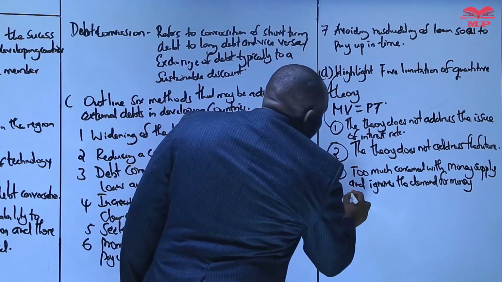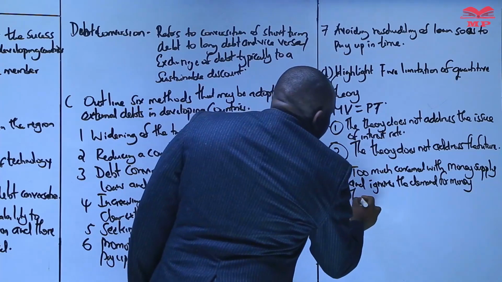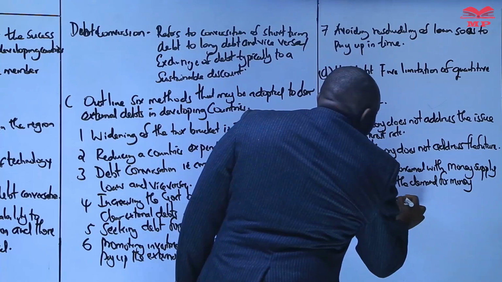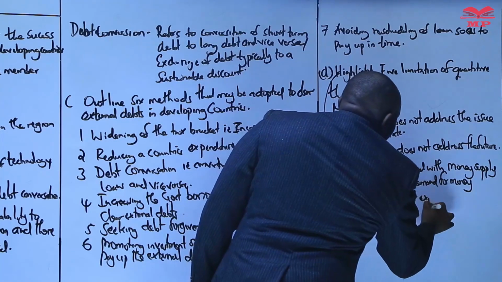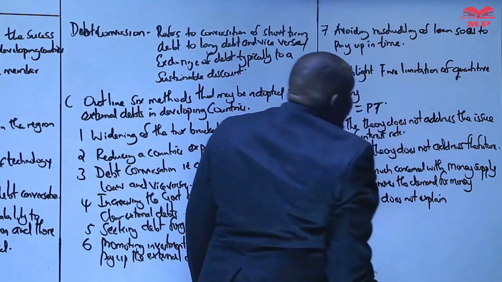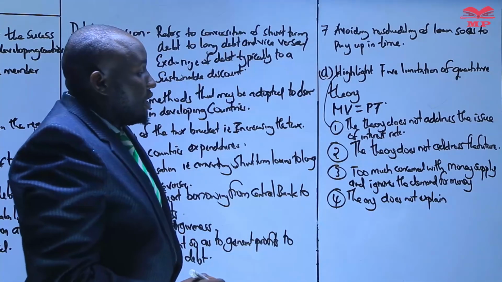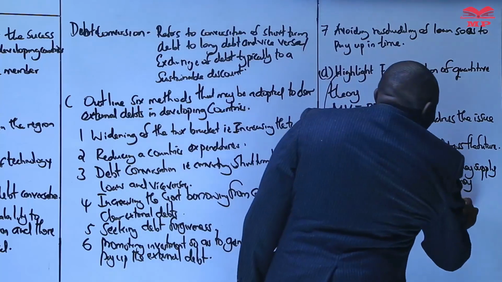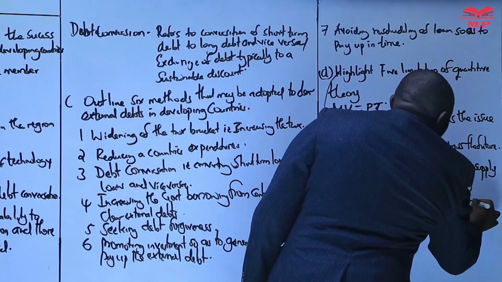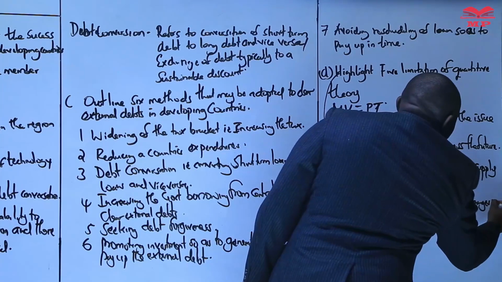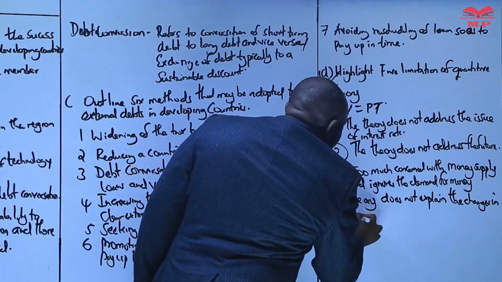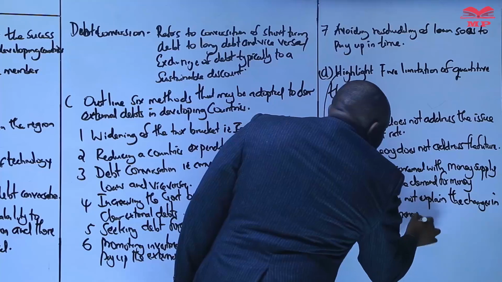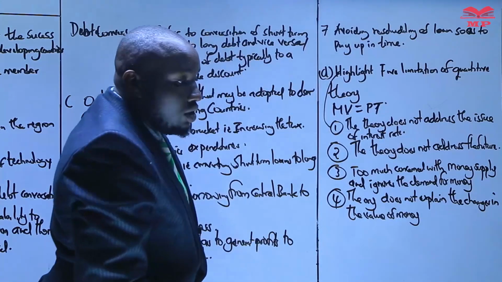Number 4, the theory does not explain the changes in the value of money.